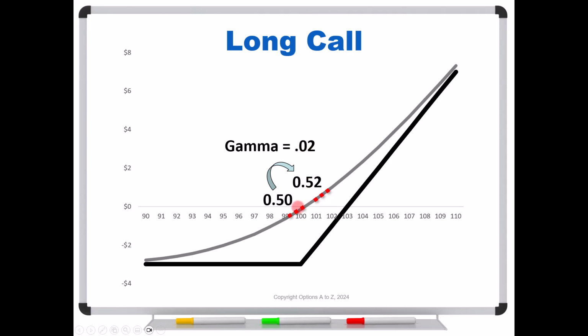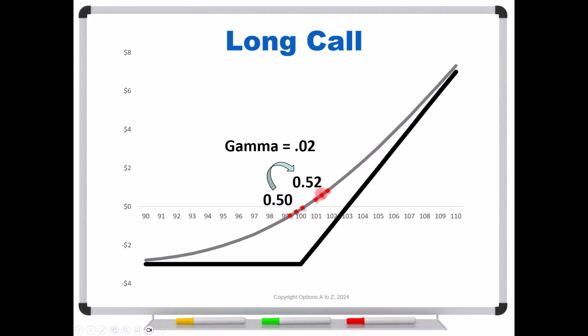So that's just telling you on your broker's platform, if you have a delta right now of 50, but gamma of 0.02, then if the stock makes an immediate $1 move, all else being equal, that delta is going to go from 50 to 52. You are manufacturing deltas on the way up, but the math also works in reverse.